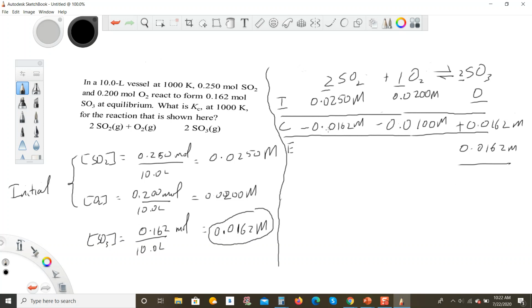In the case of SO2, it's 0.0250 minus 0.0162, and according to my calculations, this works out to be 8.80 times 10 to the minus 3, so that value would go right here.